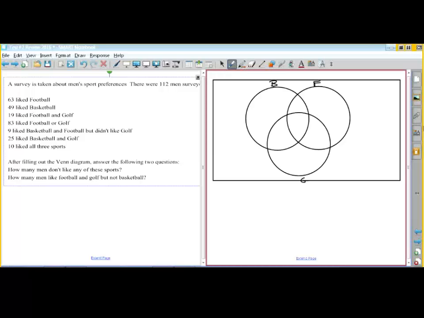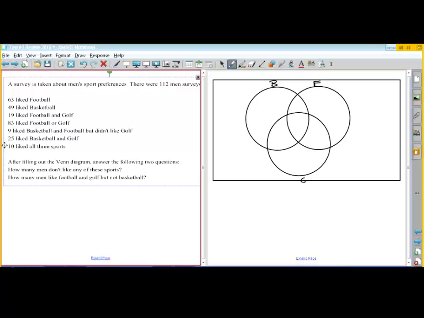And basically you want to do it in order where you always start with all three. So first look for the one that's all three. Then you look for intersections. So intersections are ands. So you do this second and this third: basketball and golf, football and golf.